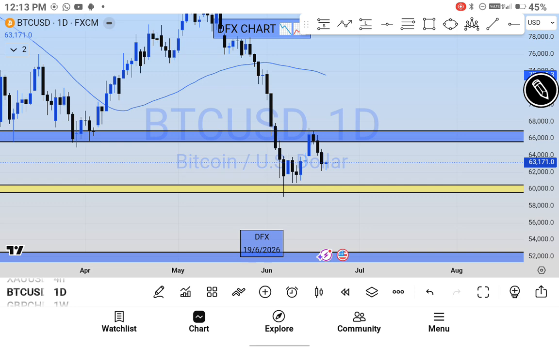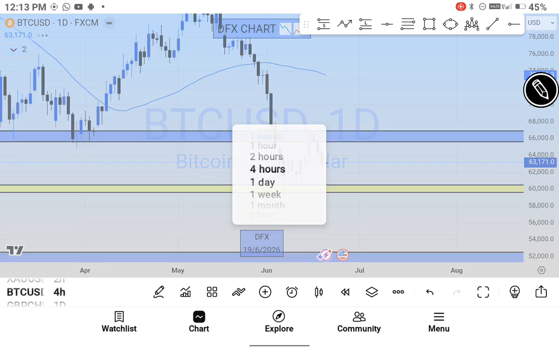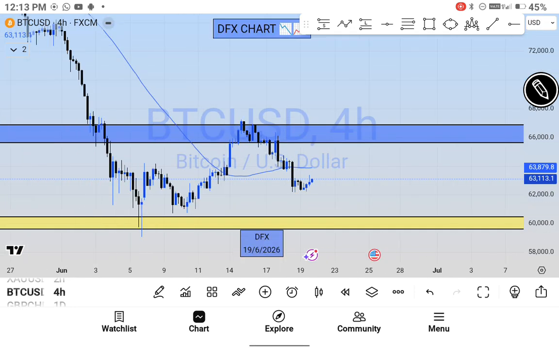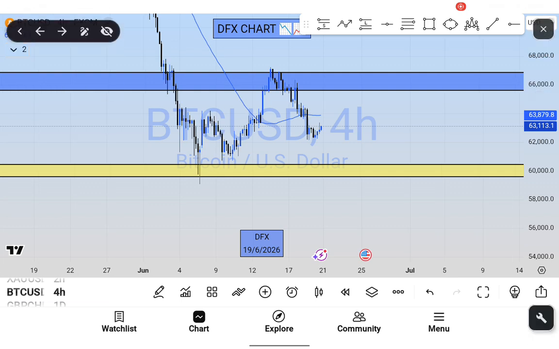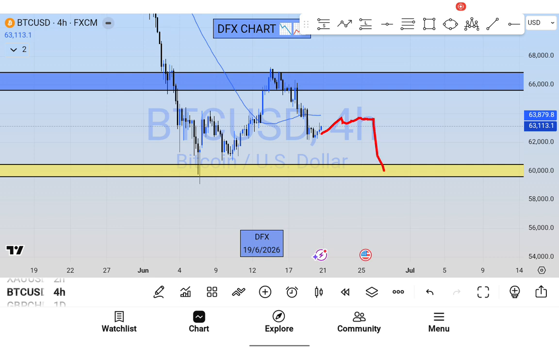All right. So on a 4 hour time frame, this is also a missed trade for me, actually. Once the market opens, I'm not chasing any trade. A missed trade is a missed trade. I missed this trade from this point. Once the market opens, we expect maybe a little bit of retrace and drop.